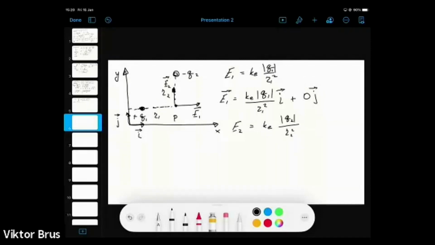So again, let us give the projections of this vector E2 on different axes.